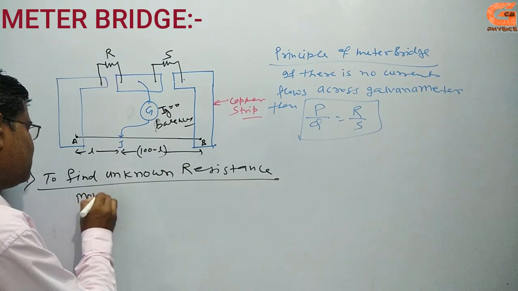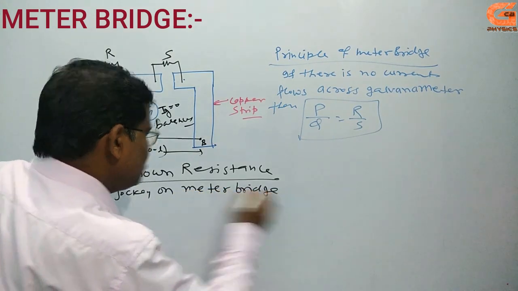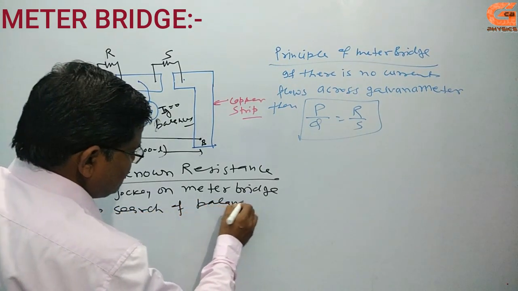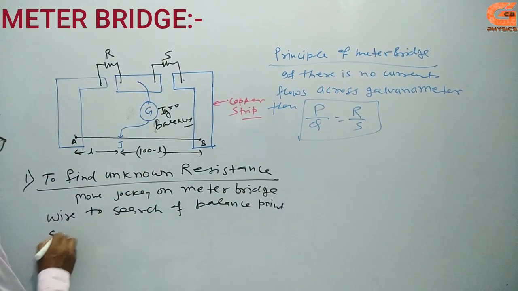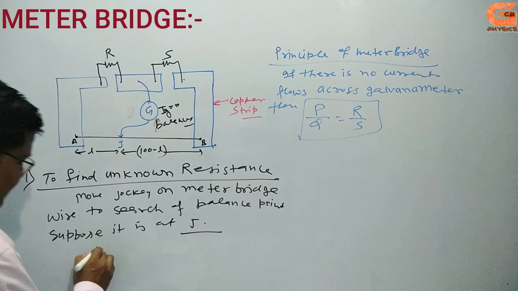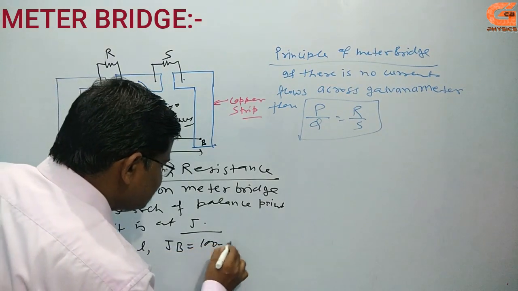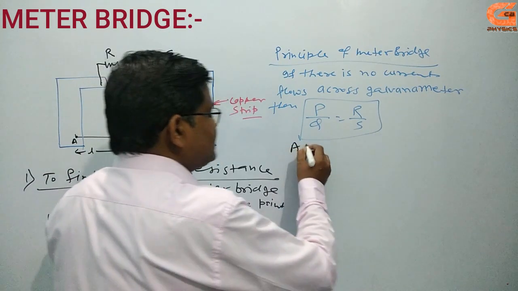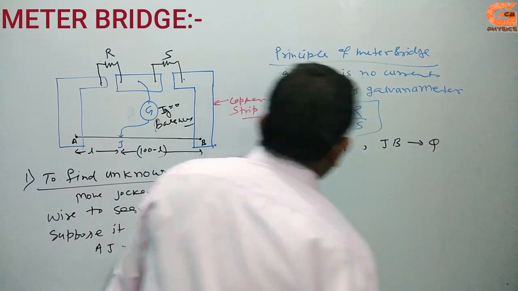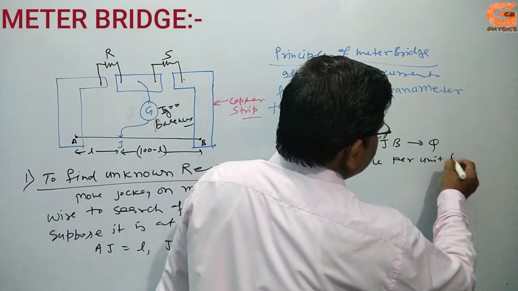Suppose we move the jockey on the meter bridge wire to search for the balance point, and suppose it is at J. Then the length of AJ is L, and the length of JB is 100 minus L. The resistance of AJ is P, the resistance of JB is Q, and R is the resistance per unit length.